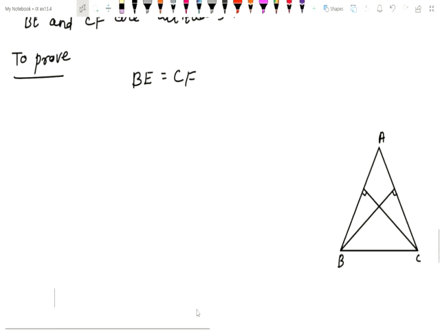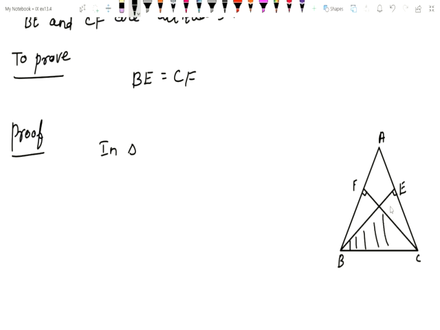The same diagram I have drawn here. BE, CF. Proof. In triangle BCE, this one, and CBF, this triangle, this portion.